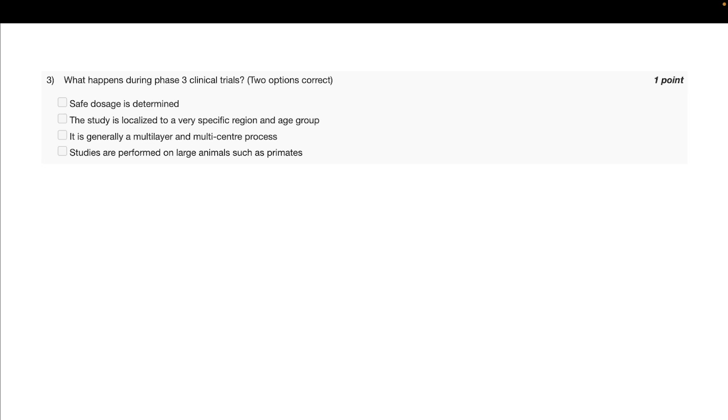The next is what happens during phase 3 clinical trials, and we have to choose two correct options. Anybody wants to volunteer?